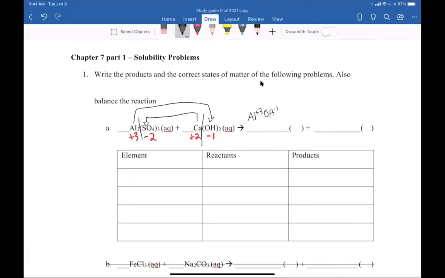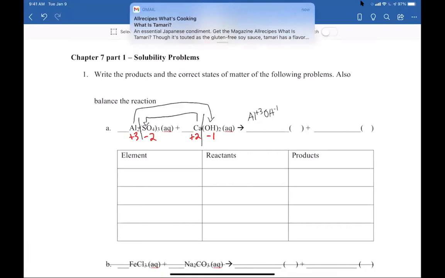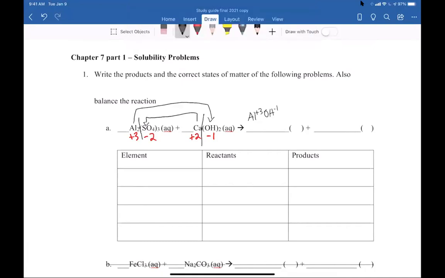How would we balance these charges? Anybody remember? We do this often. Come on, we have +3 and OH -1. Would we balance these? Are these already balanced?